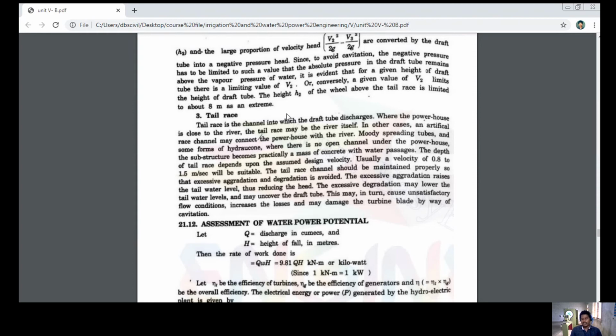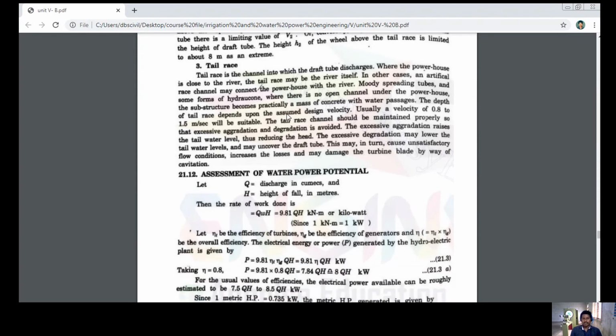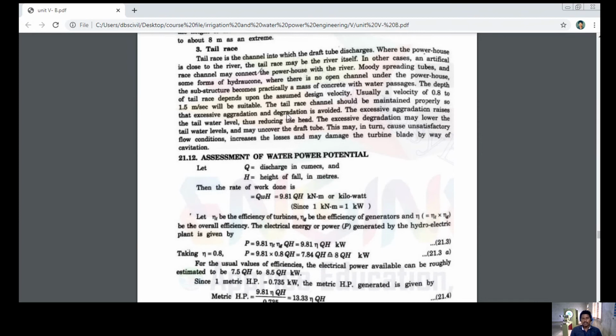So next, coming to tail race. The tail race is the channel into which the draft tube discharges. Where the powerhouse is close to the river, the tail race may be the river itself.